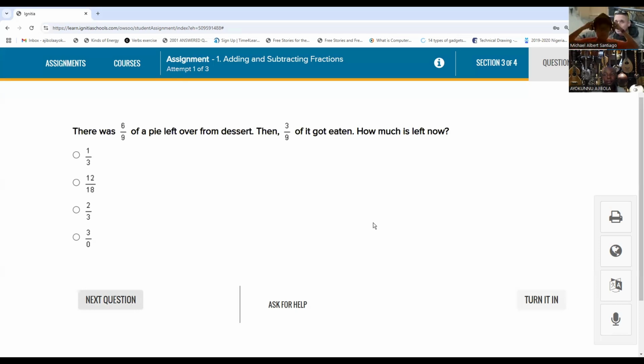Okay. Then 3 out of 9 of it got eaten. How much is left now? Okay, so what do we do? We subtract 6 over 9 minus 3 over 9. What's 6 minus 3? 6 minus 3 is 3. So that's 3 over 9, which is 1 over 3, okay?